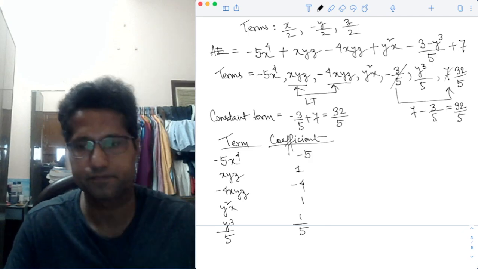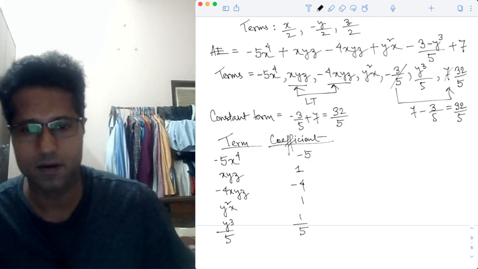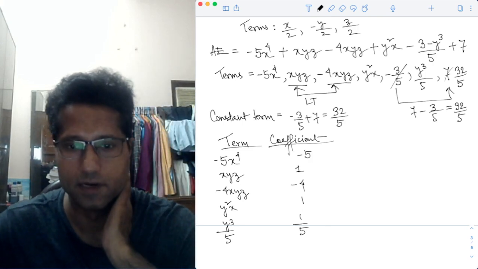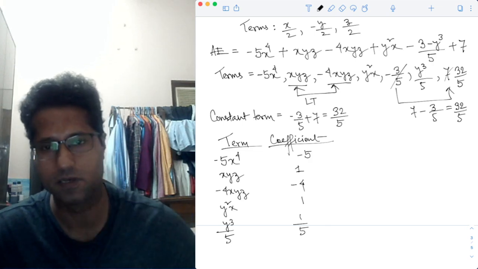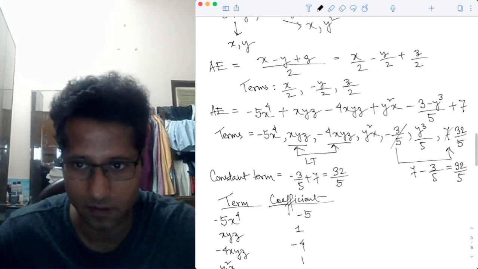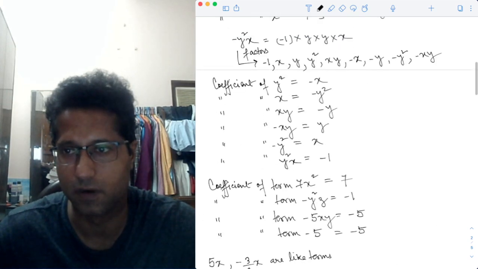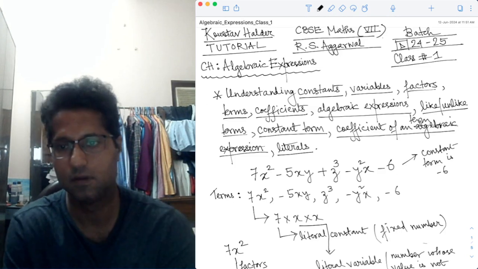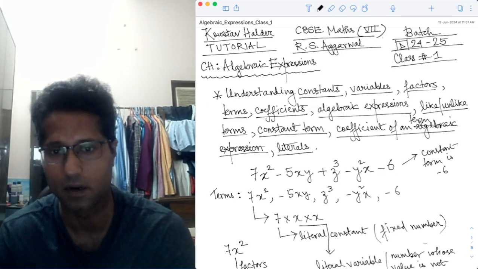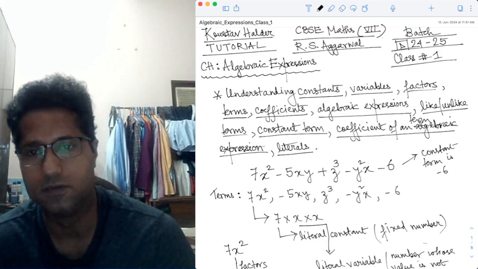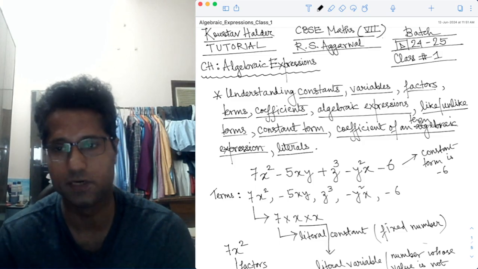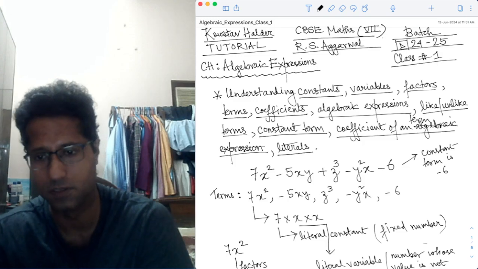So I hope this video will be beneficial to you for understanding. These are the very basics of algebraic expressions: what is an algebraic expression, what are terms, what are factors, what is a constant term, what are like and unlike terms, what is the coefficient of a term, and the coefficient of a factor in a term, literals, variables, constants.